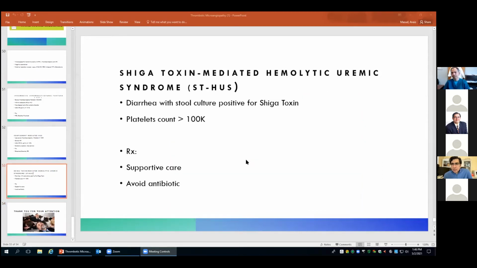Yeah, that's fine. I just wanted to emphasize the PLASMIC score. In our setting, sometimes we get ADAMTS13 levels, but most of the time we don't. So when the suspicion of TTP is very high, this PLASMIC score, in a Pakistan setting, will be very important to initiate plasmapheresis.